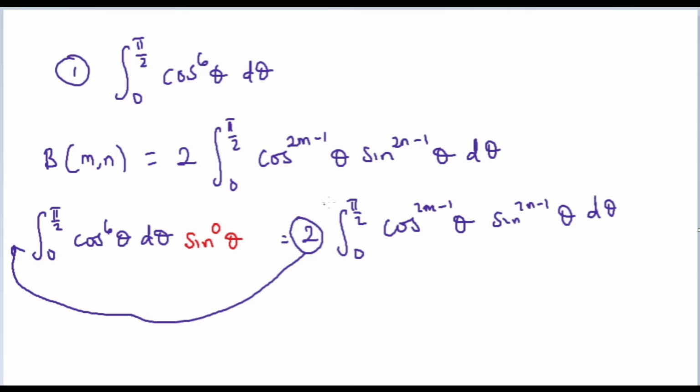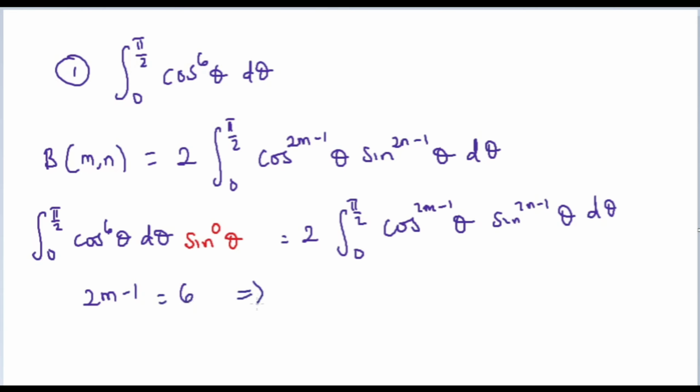So now let's find the value of m and the value of n so we can know what our answer will be. If you check this, it means that 2m minus 1 is equal to 6. If I do the calculation, it means that 2m is equal to 7, because 6 plus 1 is 7, and m will be 7 over 2.